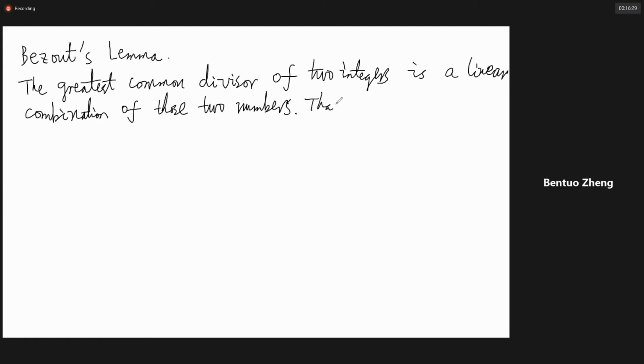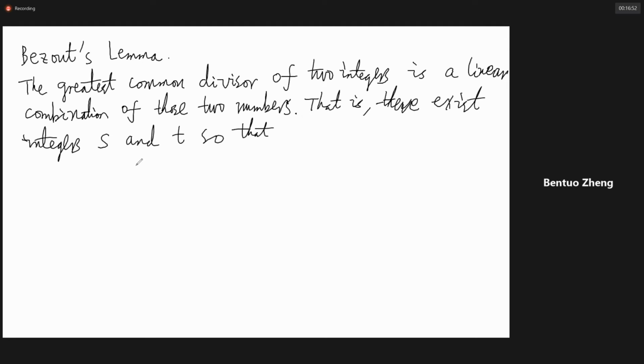That is, there exist integers S and T so that the greatest common divisor of A and B is equal to S times A plus T times B. Okay, before we prove this lemma, let's look at an example.